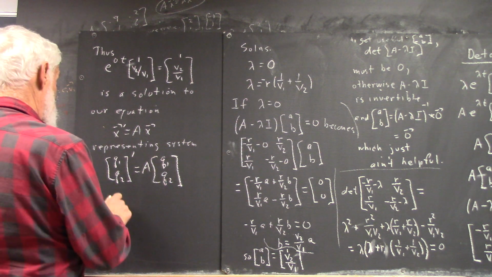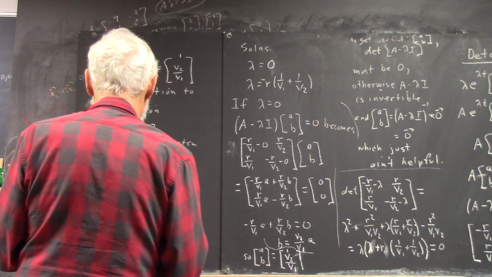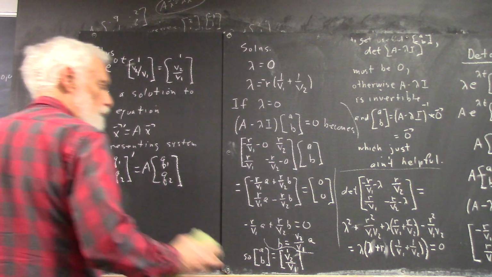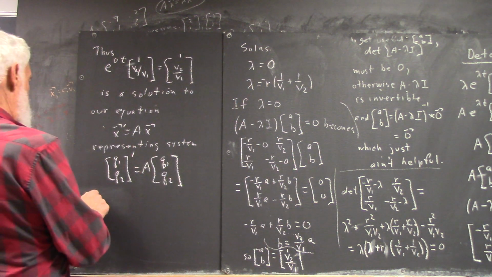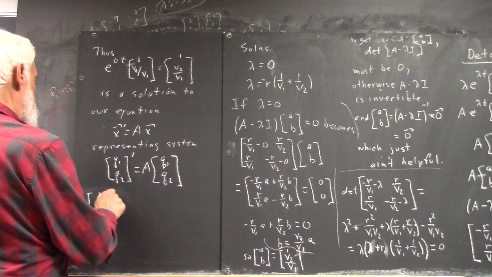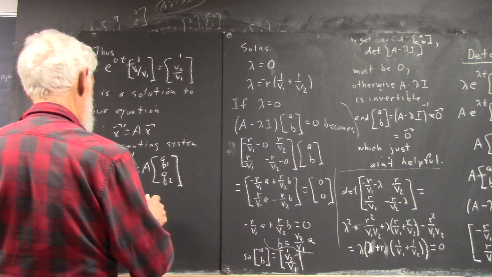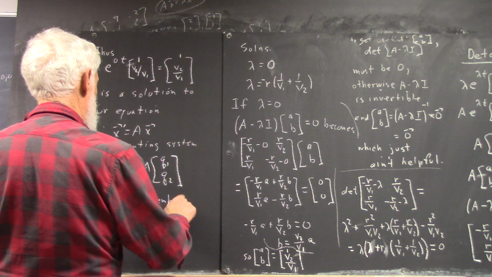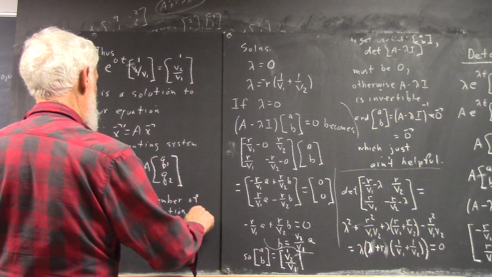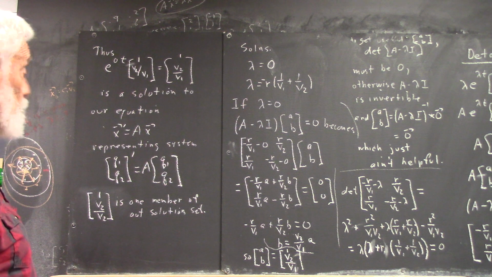And from this we conclude that, well, so 1, V2 over V1 is one member of our solution set. It's one possible solution.